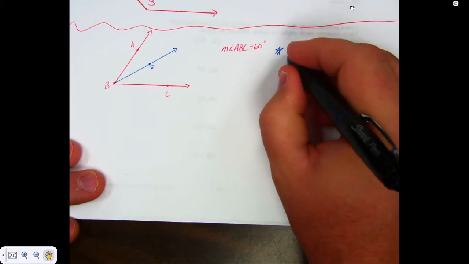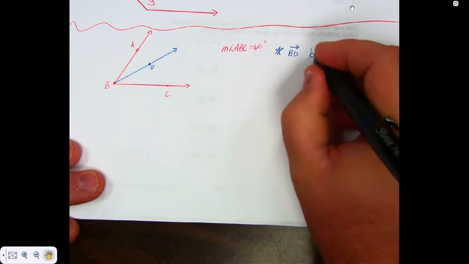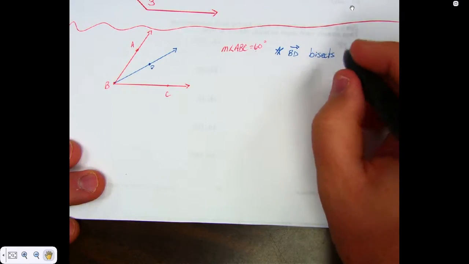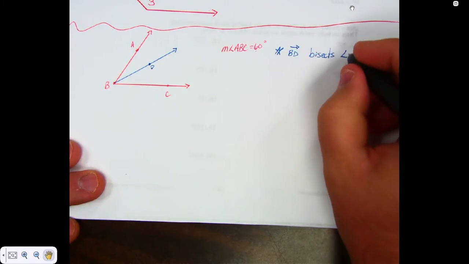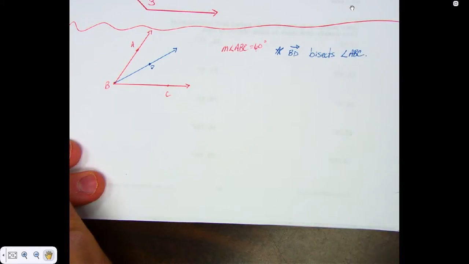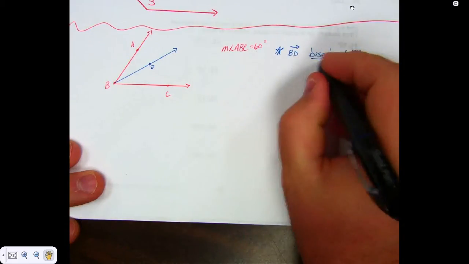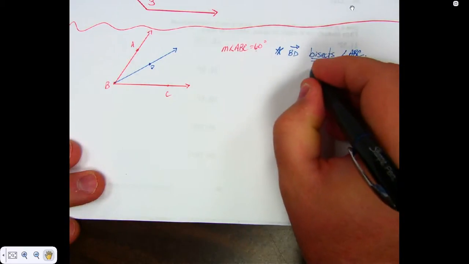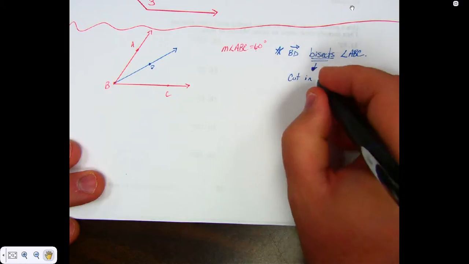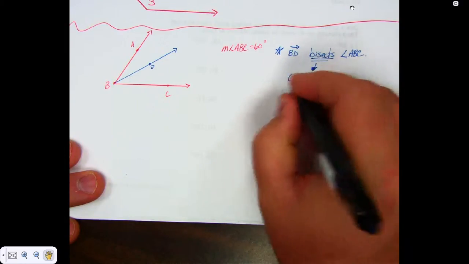Ray BD bisects angle ABC. Does anybody know what the word bisects means? To cut apart. Not just to cut apart, but to cut in half, exact half. Very good.